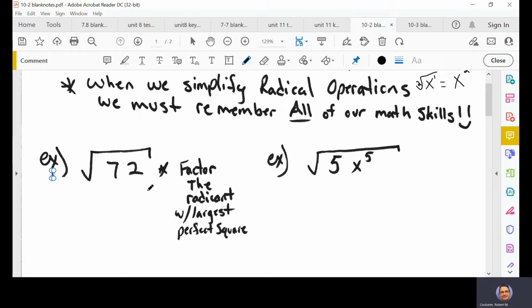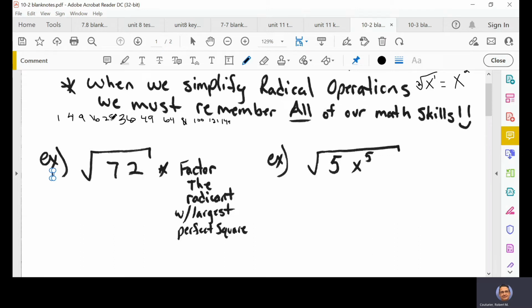So think about our list of perfect squares. 2 squared is 4, 3 squared is 9, then 16, 25, 36, 49, 64, 81, 100, 121, and 144.